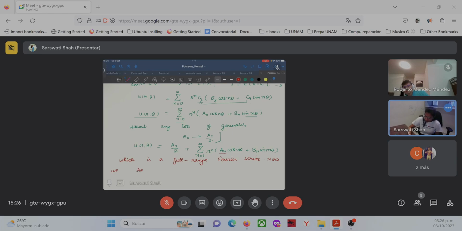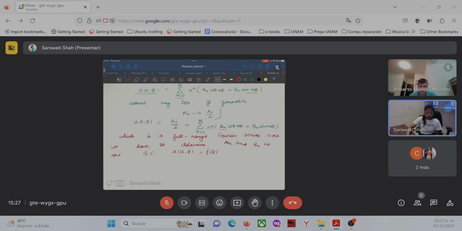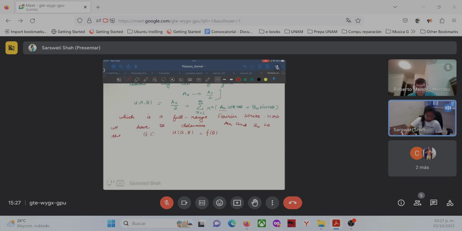We have to determine an and bn, so what is the boundary condition you had? You have the boundary condition u a comma theta equals f theta. Is not it? This is the boundary condition given from this problem.